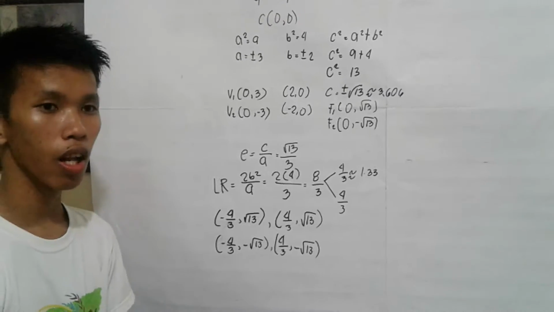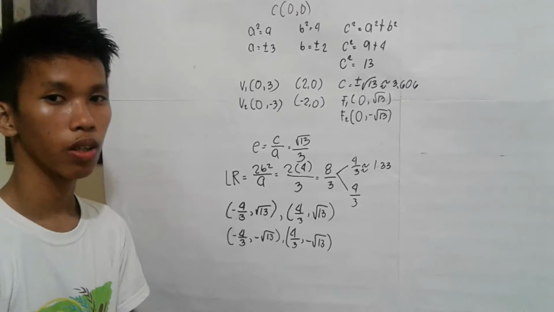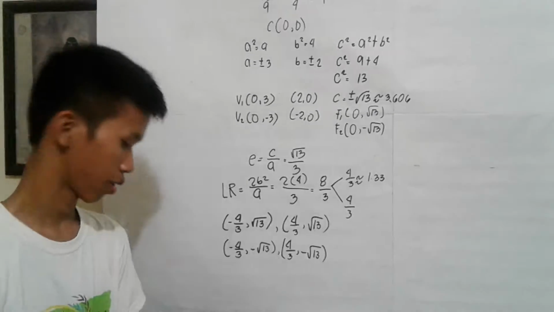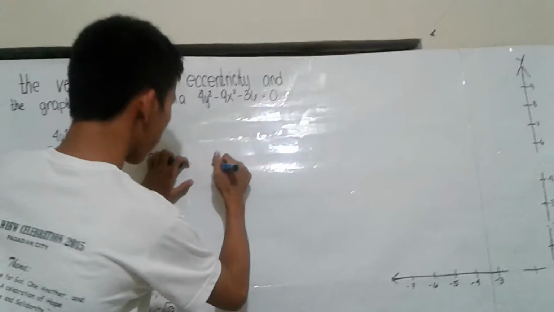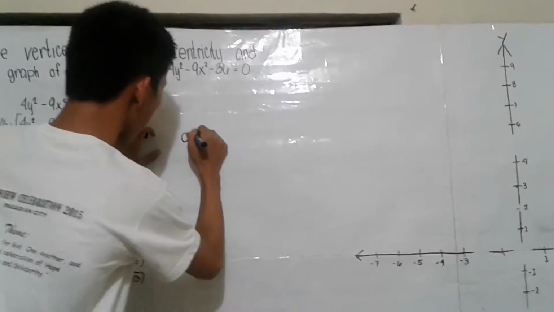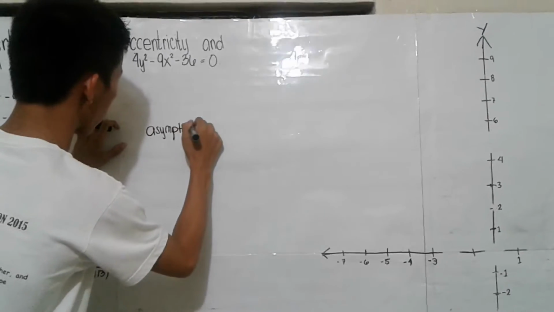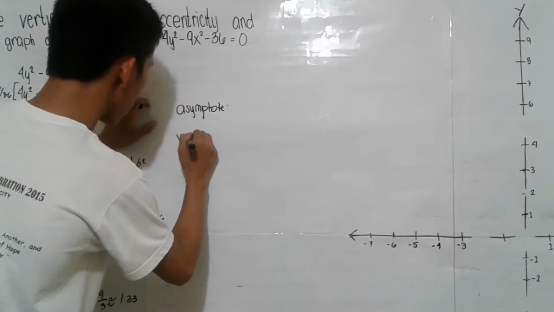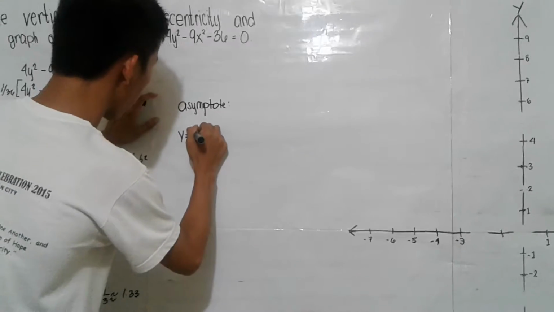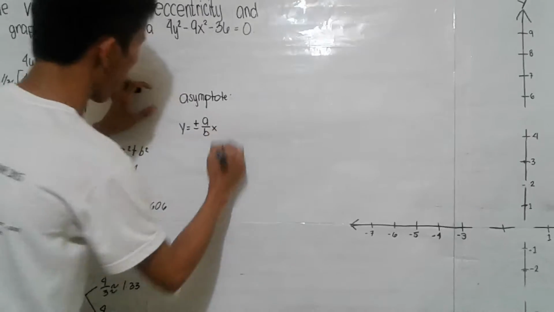So next, let's find out the value of our asymptote, using the formula y is equal to plus and minus a over b x.